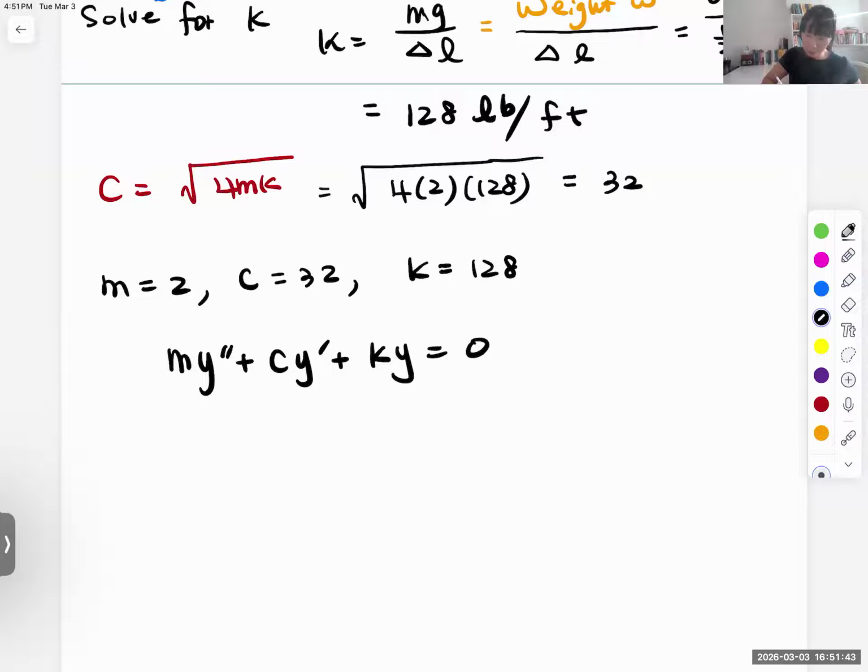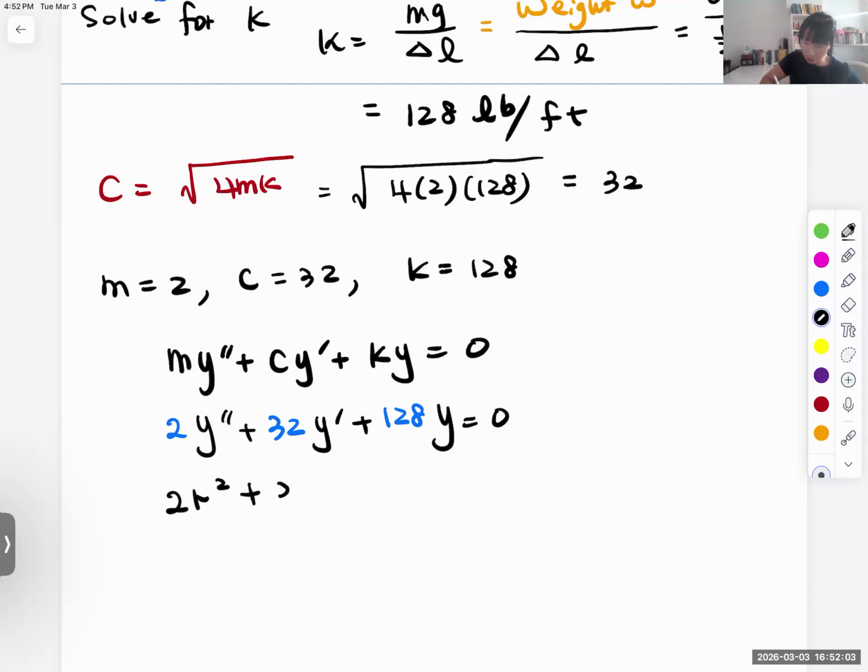Then m equals 2, c equals 32, k equals 128. So we can express this as 2r squared plus 32r plus 128 equals 0.